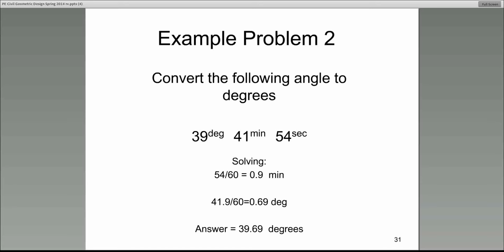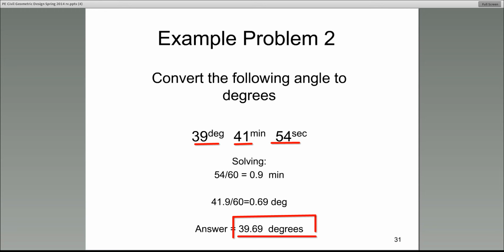They can give you an angle in terms of degrees, minutes and seconds, in this case 39 degrees, 41 minutes, 54 seconds. And then they ask you to find that angle in terms of degrees. The answer is down here, 39.69 degrees. But the way it works, please remember, there are 60 seconds in 1 minute and 60 minutes in 1 degree.